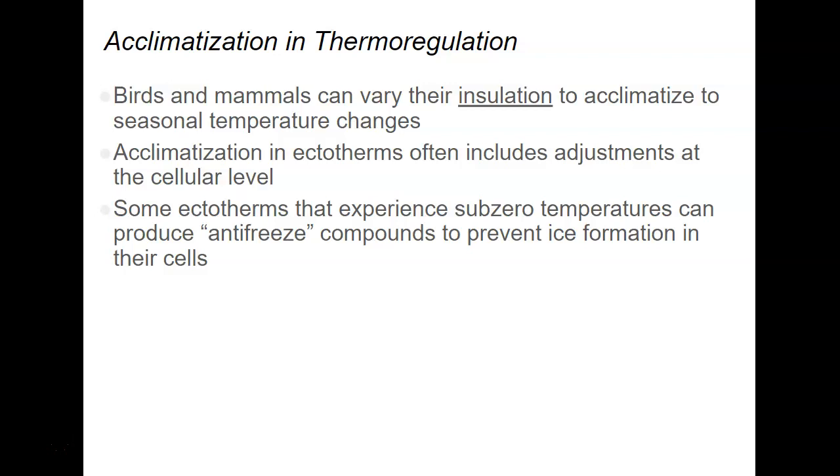Similar to other adaptations, birds and mammals can vary their insulation to acclimate to certain temperature changes. Ectotherms, it's a problem because it must really be at a cellular level. They can't necessarily change the fact that they have to conform to whatever the environment is. So that's more on the cellular level with antifreeze compounds that might be formed within the cellular level versus just having thicker insulation.